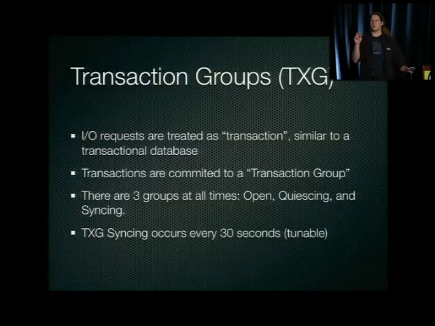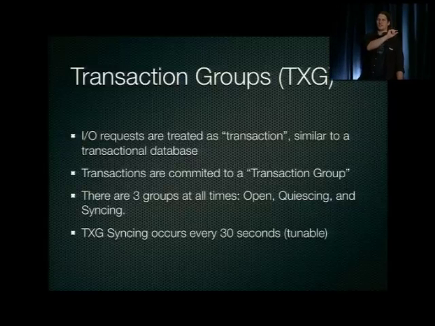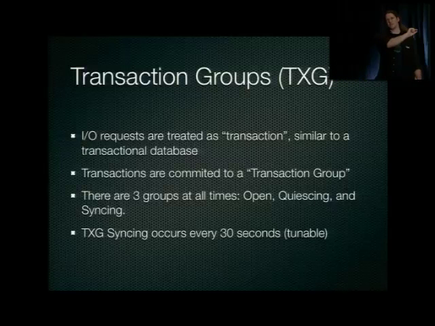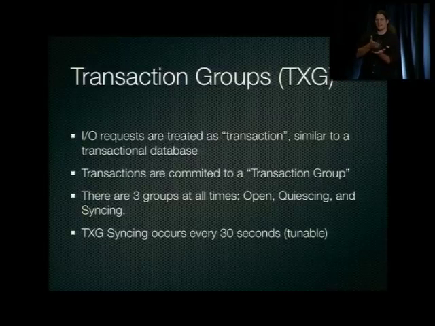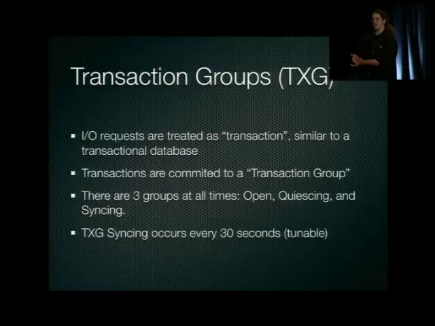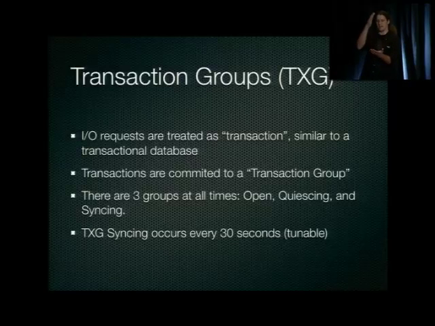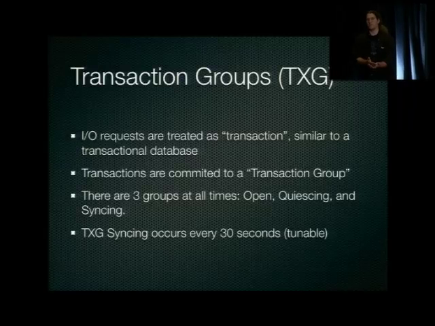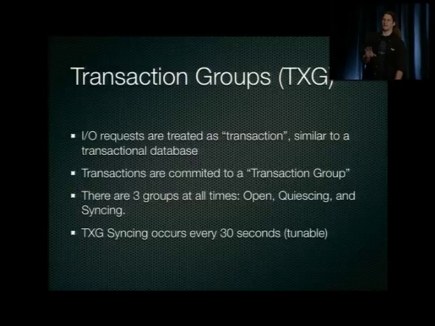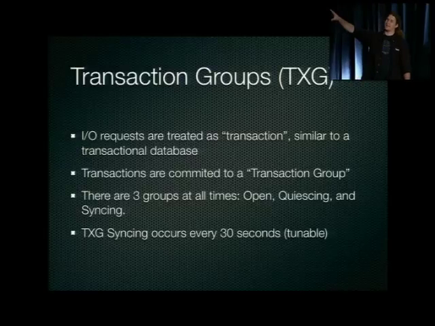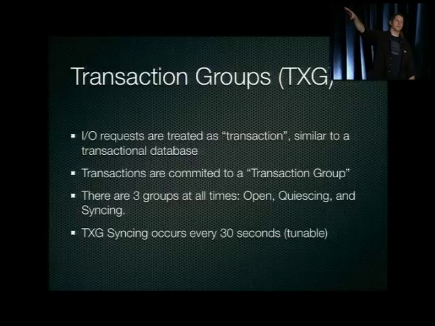When you do a benchmark, you notice it doesn't constantly write out. If you do a sequential write to disk, you will not see constant access to disk in IOStat. You will see no I/O for about 30 seconds, and then splat. It'll do this massive burst write, and then it'll be quiet for 30 seconds. That's a transaction group being flushed.